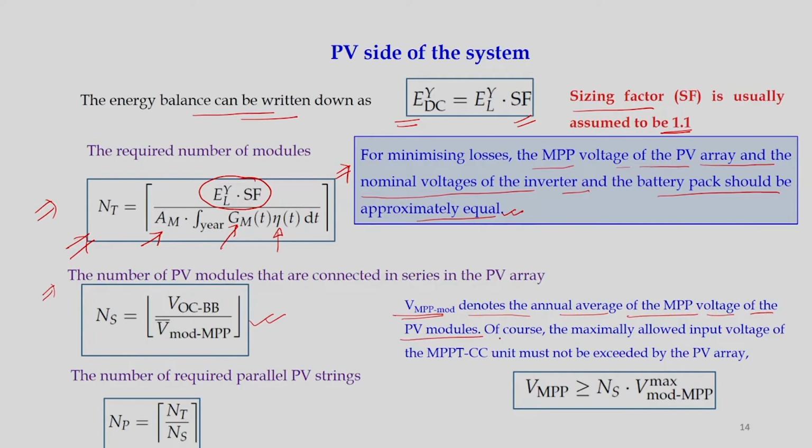Of course, the maximally allowed input voltage of the MPPT solar controller unit must not be exceeded by this PV array. So, this condition has to be met, right.